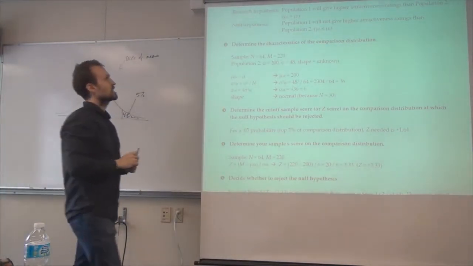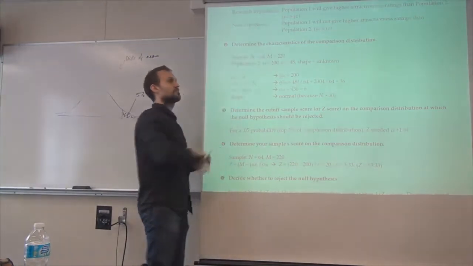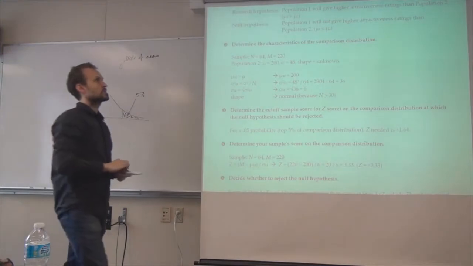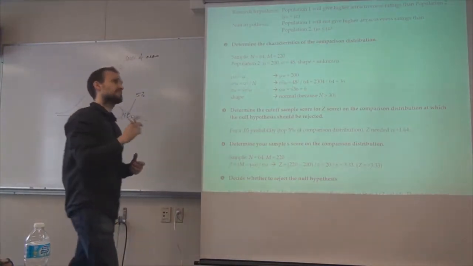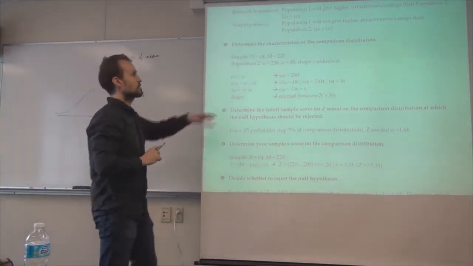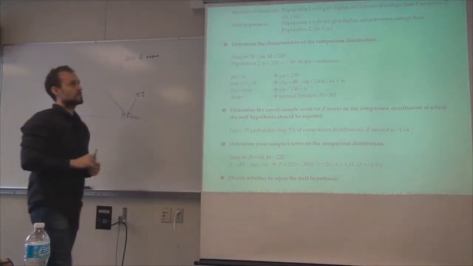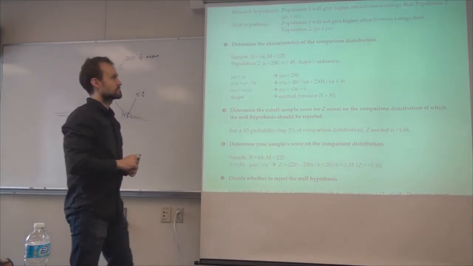I'm going to take, for example, a sample of 64 people to see what the average attractiveness rating is among those people in my sample. And I get a sample mean of 220.